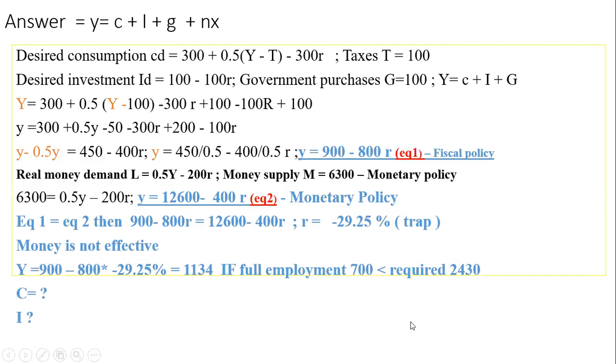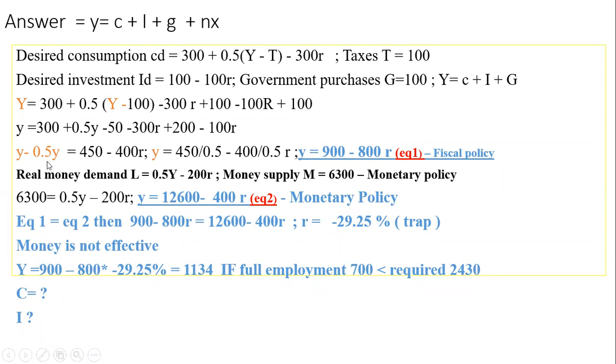When we arrange the equation, the desired consumption is 300 plus 0.5 times (Y minus T) minus 300R. Given the taxes is 100, and the investment and the government purchases, substituting into the equation, we take the C, which is 300 plus 0.5 (Y minus T) minus 300R, plus 100 minus 100r, plus the 100 that we have from the government spending.